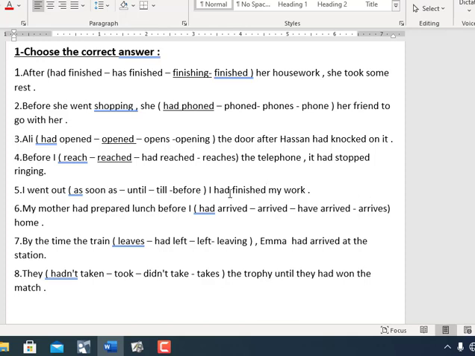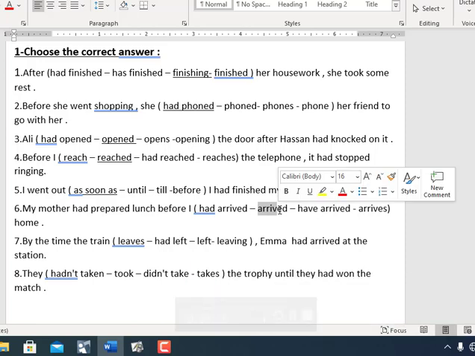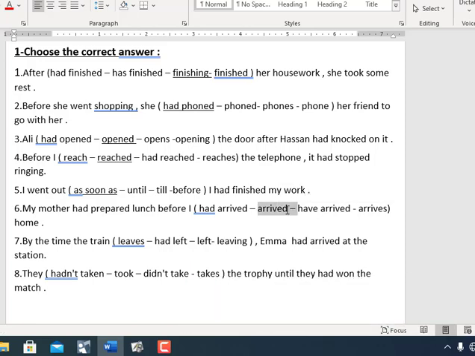So here we have the second action and here we have the first action. So the only right choice is before. Before, sorry, no, it's as soon as, because here we have the second action. So I went out as soon as I had finished my work. My mother had prepared lunch before I arrived.